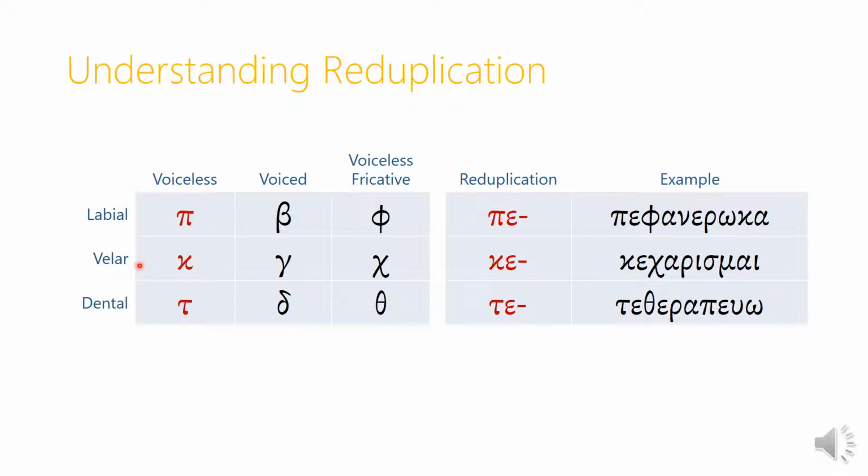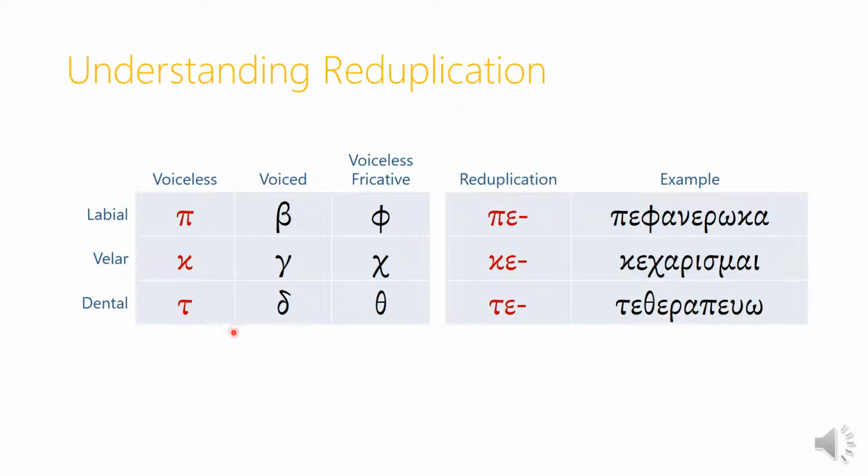Similarly with the velar group of consonants, kappa, gamma, and chi. With the reduplication, if the first consonant is any of these velar consonants, the reduplicated consonant will be the kappa. And so for the stem charis, we have kecharismai in the middle.